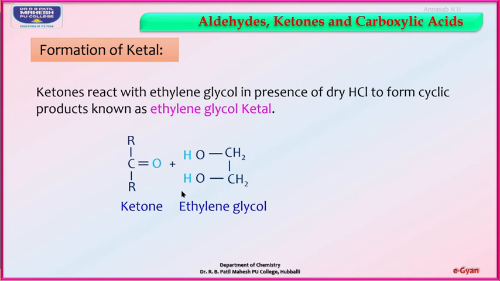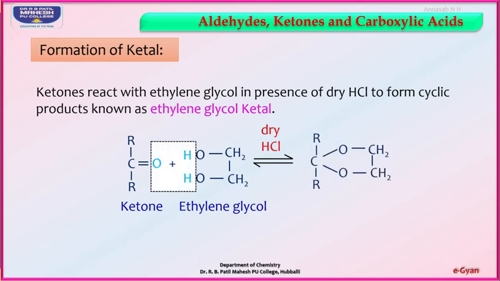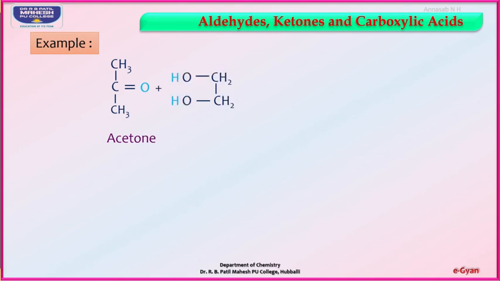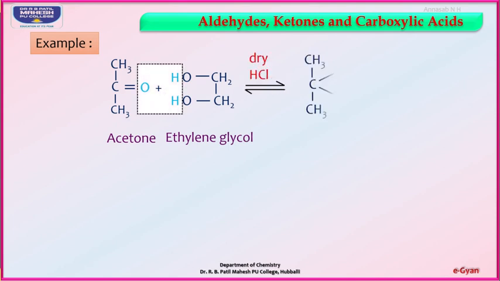So it is going to form like this. The process takes place in presence of dry HCl, and removal of a water molecule leads to the formation of ethylene glycol ketal. Byproduct, as usual, water. Example, acetone reacts with ethylene glycol in presence of dry HCl, removal of water leads to the formation of ethylene glycol ketal, and water is a byproduct.